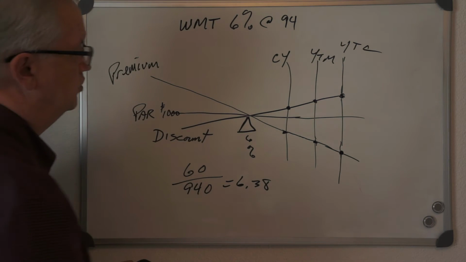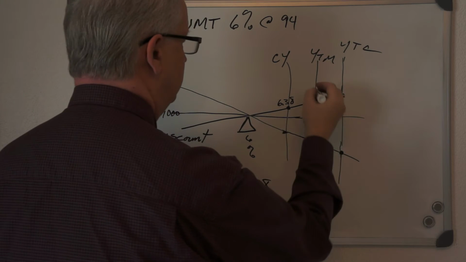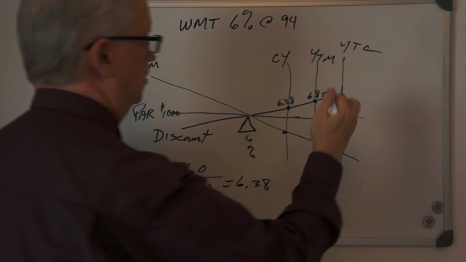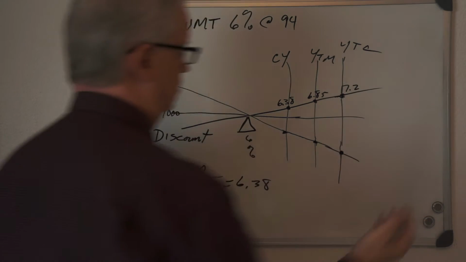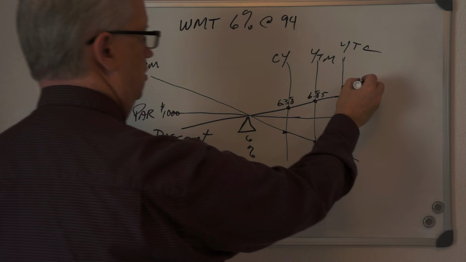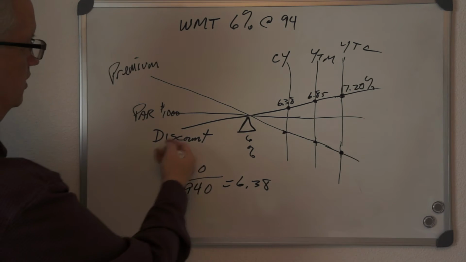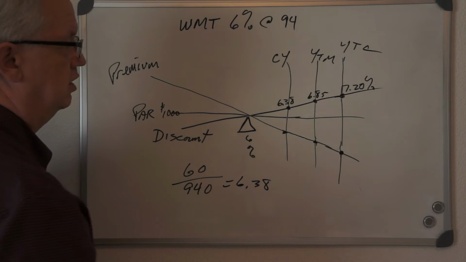Okay, so right here, 6.38. Maybe this is 6.85. I don't know. And further up, 7.2. Okay. This is how a discount bond works, this is the relationship between the yields that they want to know on the test.